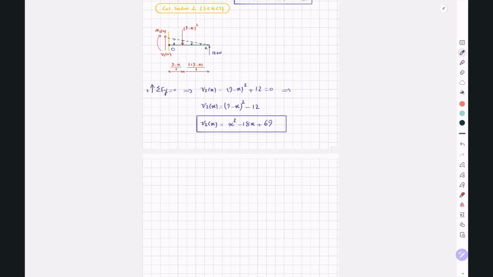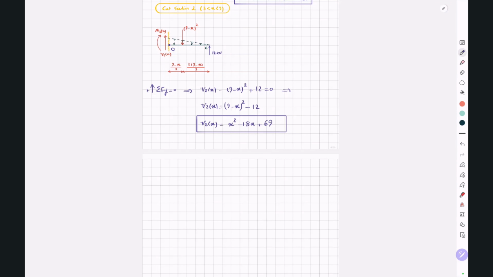And for the bending moment, if we take the moments around this point O, we can say sigma MO is equal to 0 in this direction. So M2x plus 9 minus x to the power of 2 multiplied by 9 minus x divided by 3 minus 12 multiplied by 9 minus x is equal to 0.